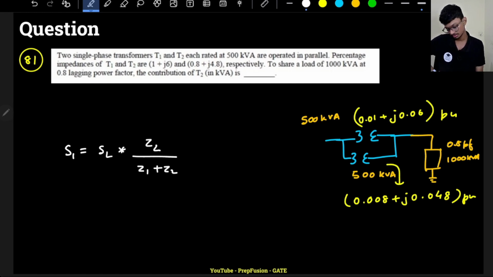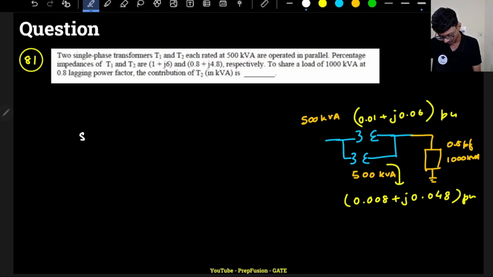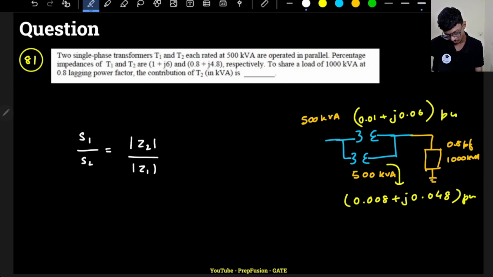Or, as they are delivering 1000 kVA, I know S1 divided by S2 will be magnitude of Z2 divided by magnitude of Z1. Also I can observe that their X by R ratio is the same, so they will deliver according to their power factor only. There is no problem with that.